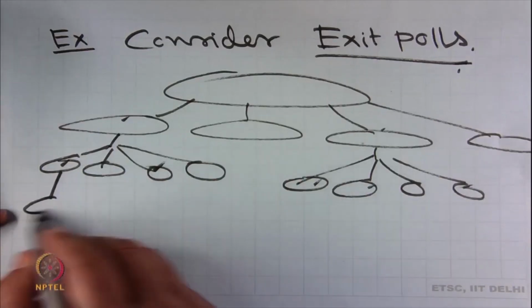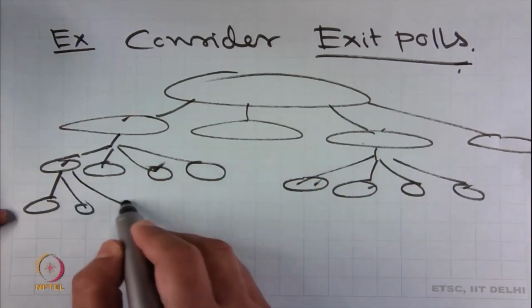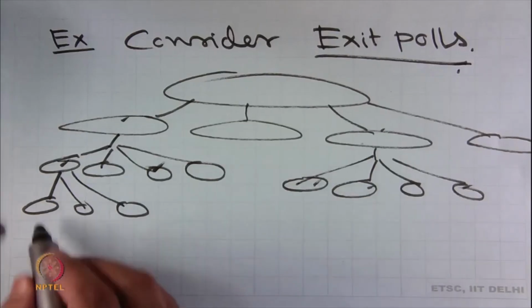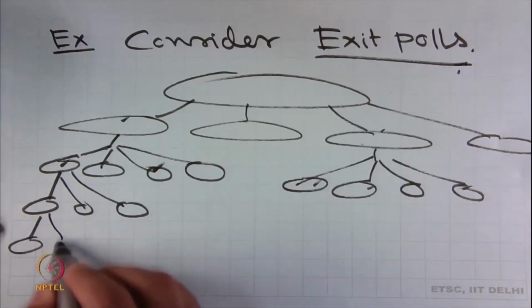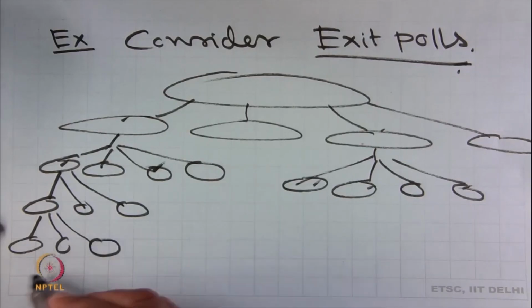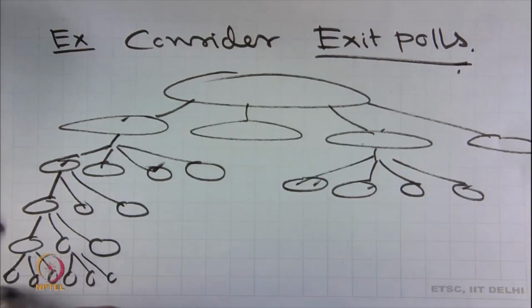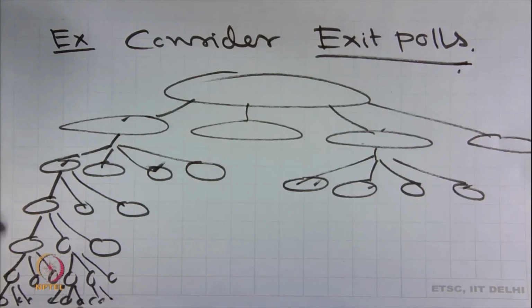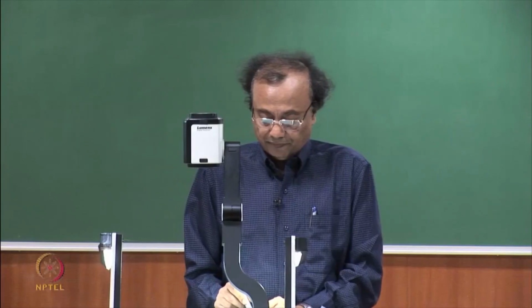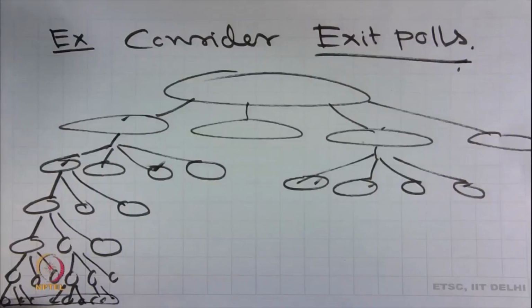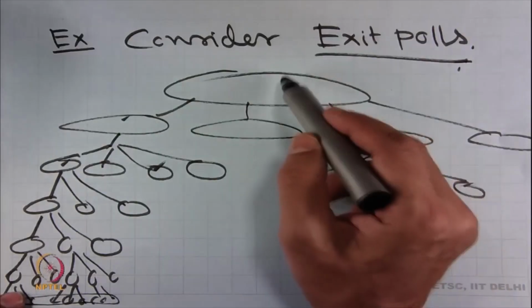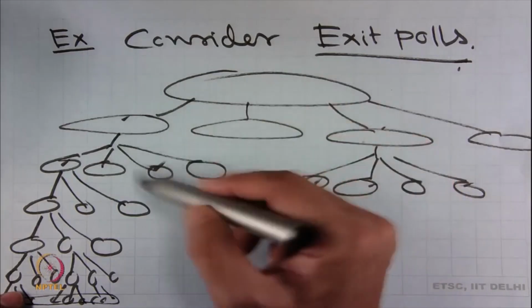Then within a district there may be different subdivisions. Within the subdivisions there may be different blocks. Within each block there may be several booths. Within each booth there may be several voters. We need to take the opinion of some of these voters to predict what is going to happen.